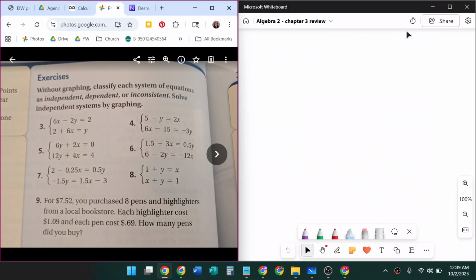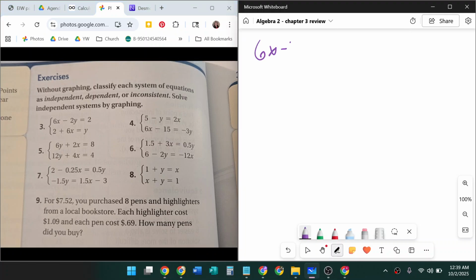So with that first one, if I wanted to rearrange that, 6x minus 2y equals 2. If I wanted to put it in normal slope-intercept form, first let me divide everything by 3. And then let me move everything around. So 3x, I'll move the 1, move the y.